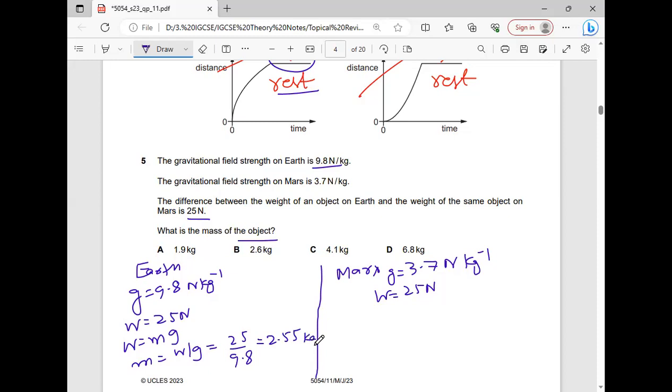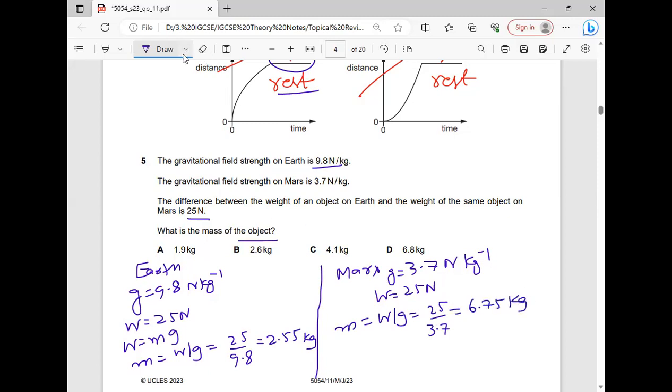Now we will repeat the same process over here. Mass is equal to weight over gravitational field strength, 25 over 3.7, which is 6.75 kg.